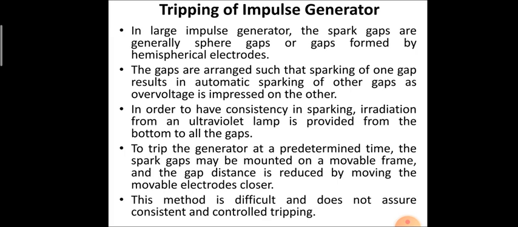However, this method is a bit difficult and does not assure consistent and controlled tripping. A much simpler method of controlling tripping consists of making the first gap a 3 electrode gap instead of a 2 electrode gap, and firing it from a controlled source.